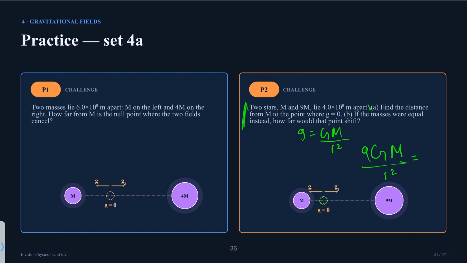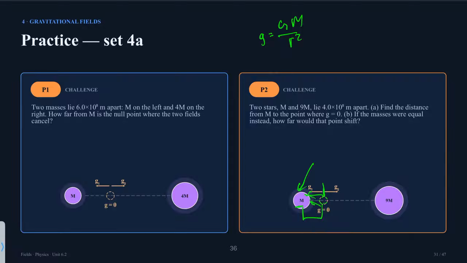actually, let me write this first. Let me write the first one. I'll show you why. Imagine there's an object here, right? Then the field at that point is going to look like g is equal to big G, big M over R squared.